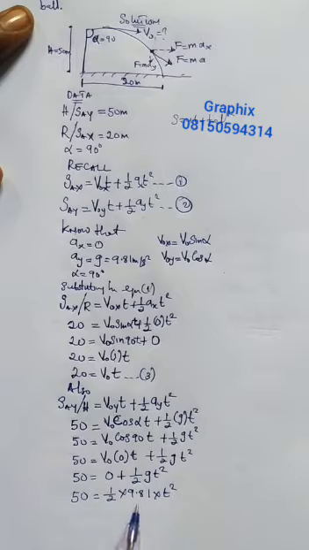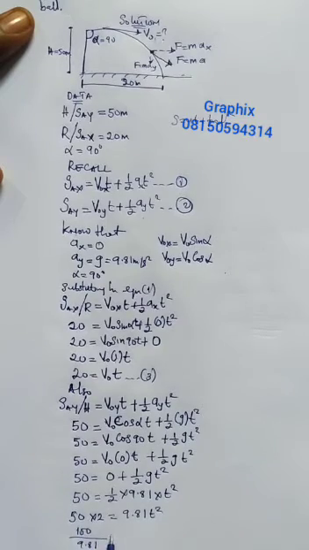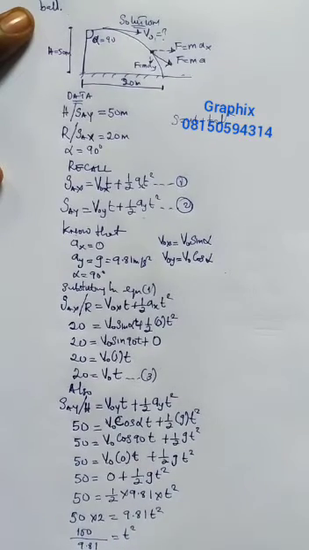Now if you do the needful, 50 times 2 equals 9.81 T squared. So we're left with 100 divided by 9.81 equals T squared. Are we good?